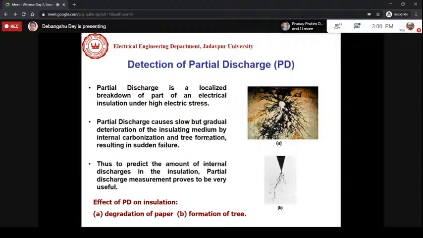That is why detection of partial discharge is also important for condition monitoring. But that is a very classical method, not a new one. But there are new methods to localize and to classify, or for better detection of this partial discharge.